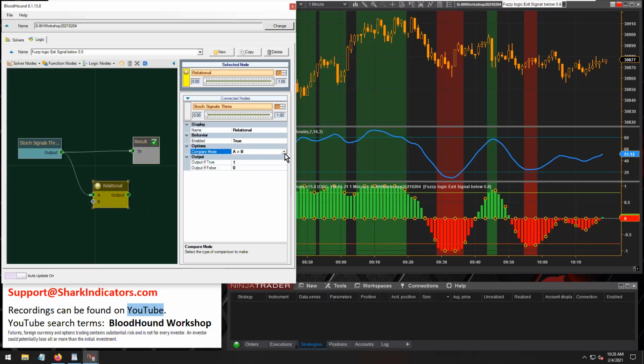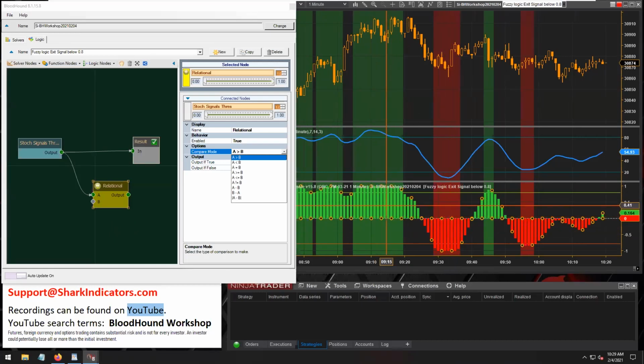So if you're working with fuzzy logic, just keep in mind that the long and the short are two separate calculations, and they're never compared to each other. The long output is never compared to the short output. There are ways of doing that, but that has to be a deliberate action that you do with your solvers.